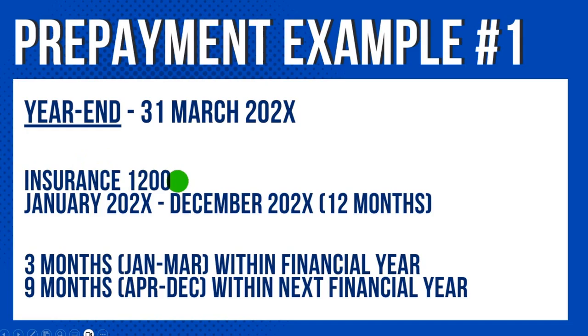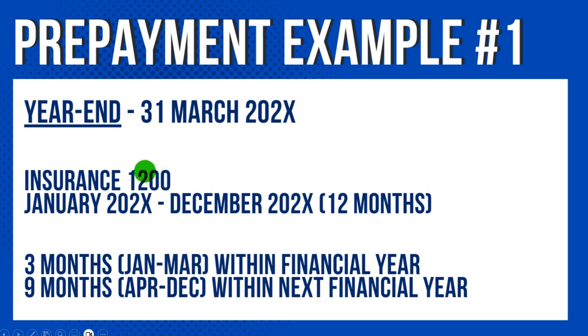That could be €1,200, 1,200 yen, $1,200. It doesn't matter where you are in the world, whichever currency the transaction was in, the principle is still the same. So $1,200 of insurance in the financial year, in the reporting period.